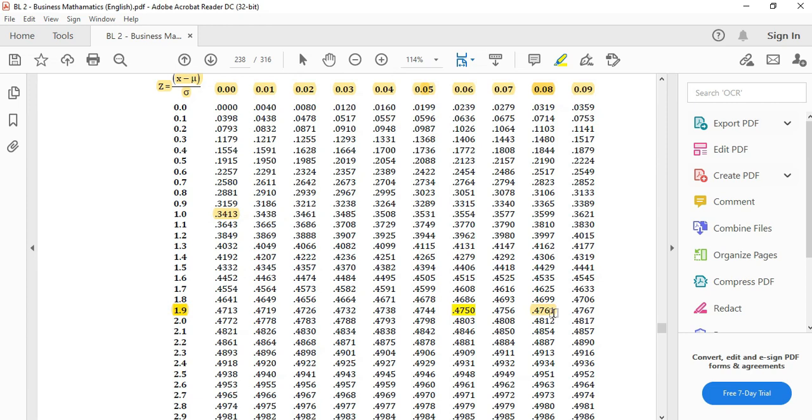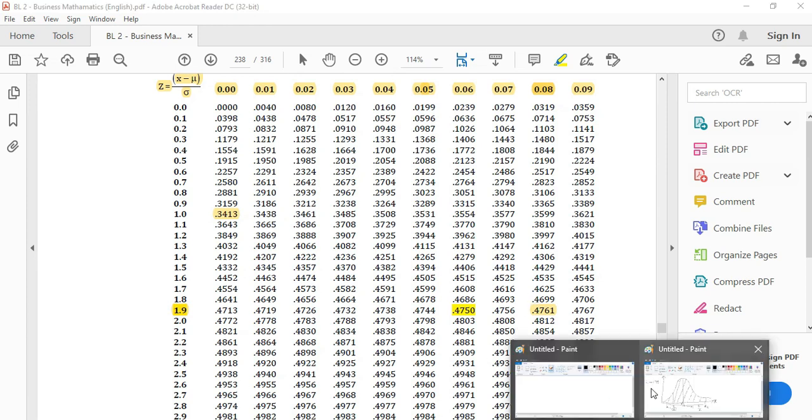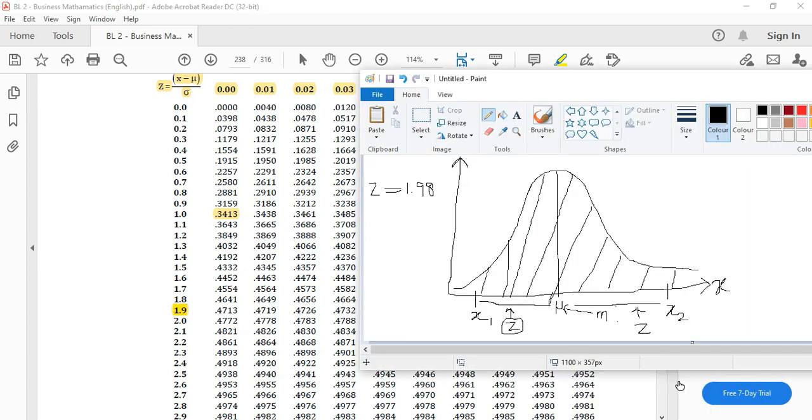Okay. This is basically the probability of data under the curve with a value of z 1.98.